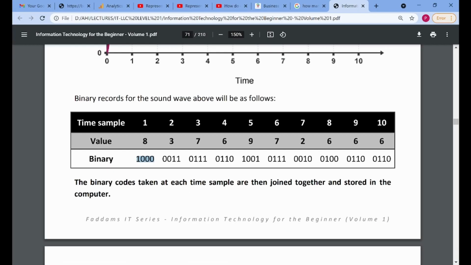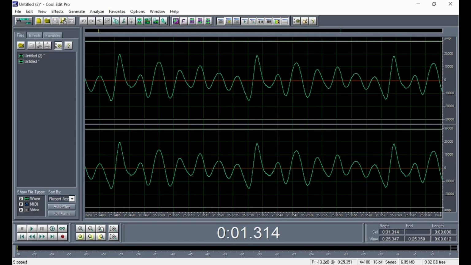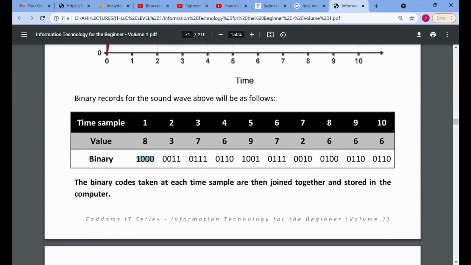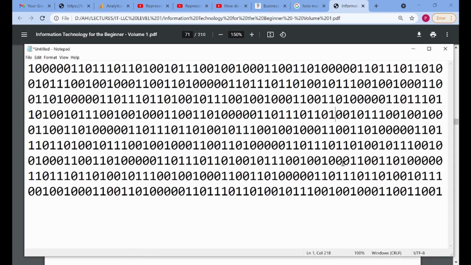When I was recording my audio, the resolution, how many bits did you see? 16 bits. And so when the computer sees binary code and we say it is sound, the first question it asks is how many bits do you use to create your points or your samples?